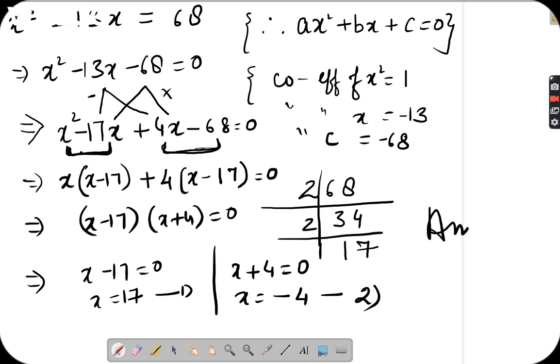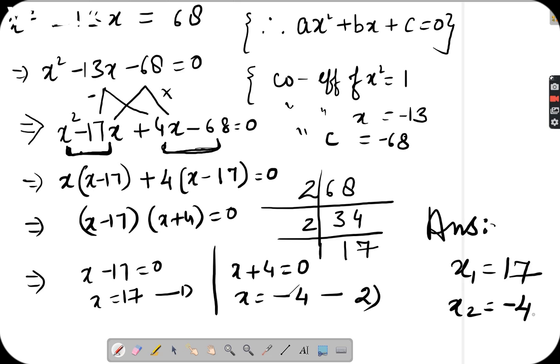So for this given equation, x has got two values: x1 is equal to 17 and x2 is equal to minus 4.